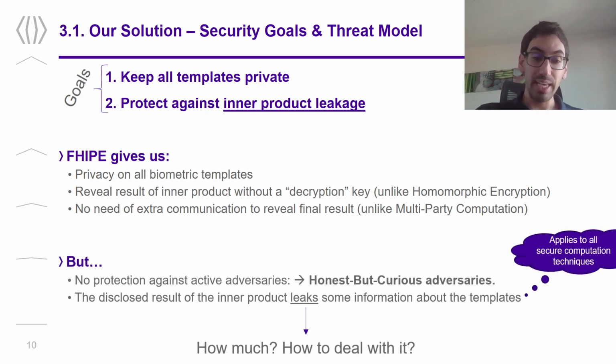However, much like homomorphic encryption, there is no inherent protection against active adversaries, meaning that at least in our scenario, we'll be considering only honest but curious adversaries. And beyond this, the disclosed result of the inner product leaks some information about the templates, and this is generic for all secure computation techniques, which is that given the properties of the function we're computing, there is some leakage of the inputs in the outputs. So what we're going to study now is how much and how to deal with it.